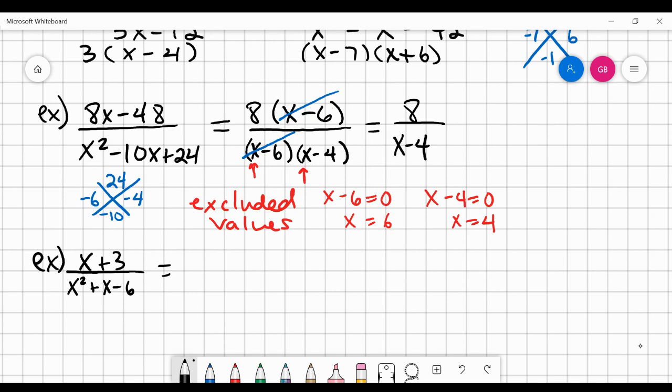There's nothing you could factor, so I'm just going to write it over again. Now for the denominator, what multiplies to negative 6 and adds up to 1? So 3 and 2 multiply to 6. The 2 must be negative because 3 plus negative 2 will give you the positive 1. So you're going to write our factors, x plus 3, x minus 2.